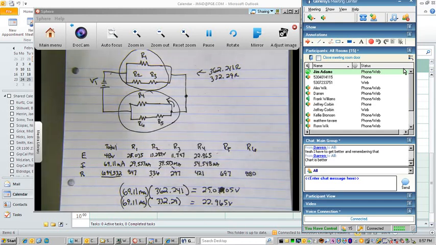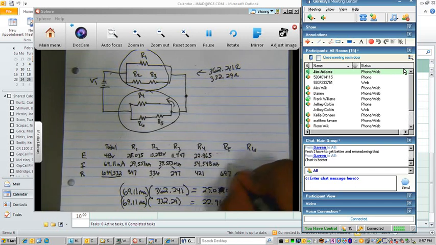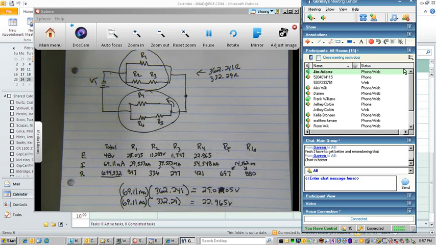Okay, so now we can do R4, R5, and R6, this branch, basically the same way, right? First, we'll figure out our current through R4, which will be 22.965 volts divided by 421 ohms, which is 54.548 milliamps.